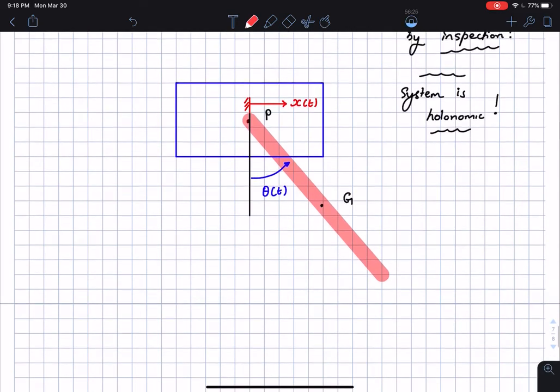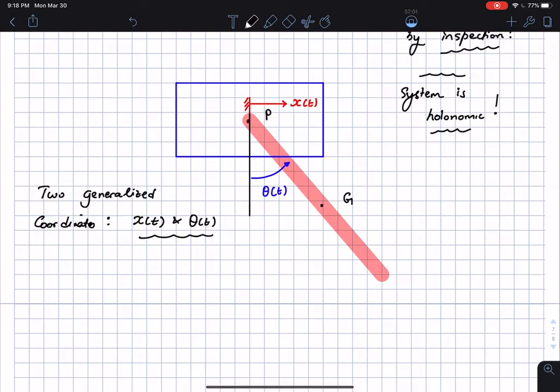So there are two generalized coordinates in this problem: x of t and theta of t.